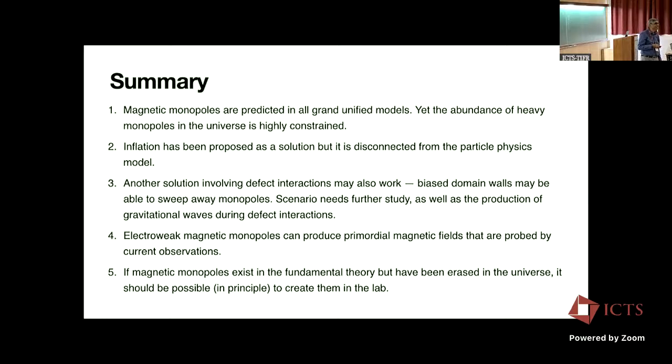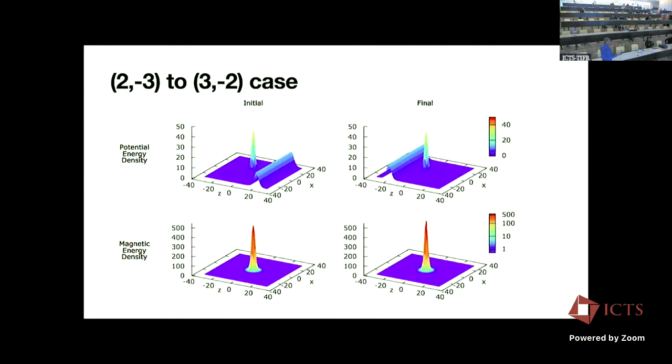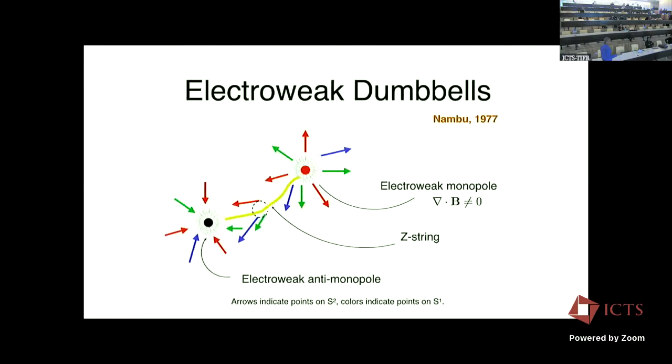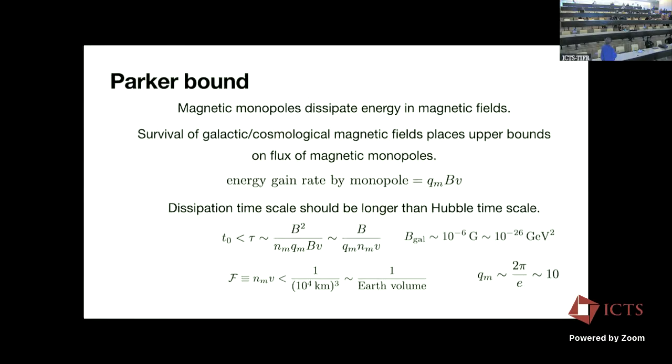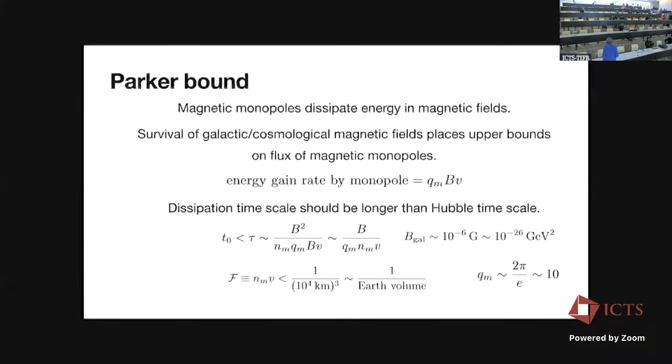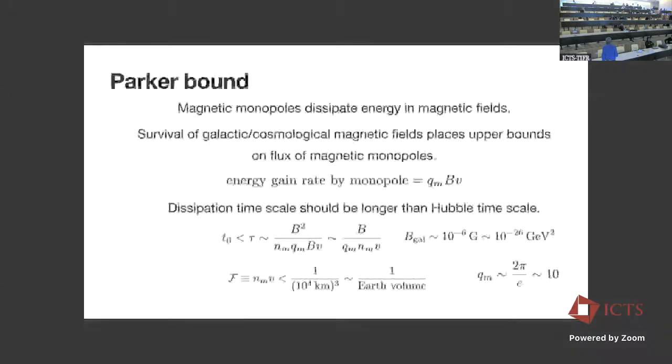And one more thing regarding the Parker bound that you showed. There you mentioned that the rate of energy gain was QMBV. This is a bit of a naive question, but the monopoles are in a magnetic field, so what would that V correspond to? So the V would be the velocity of the monopole.